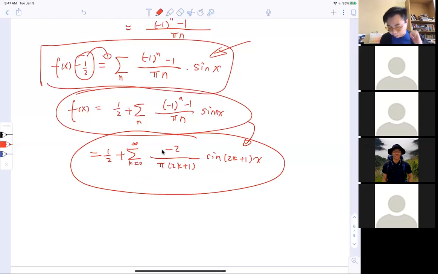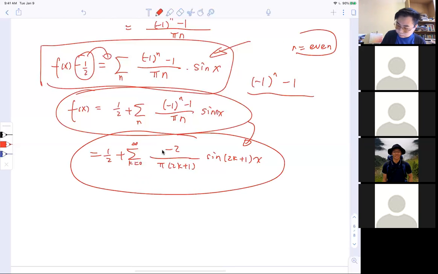Yeah, sure. Because this is kind of a (-1)^n minus 1. So if n is even, then it's 0. And this term is non-zero only when your n is odd.